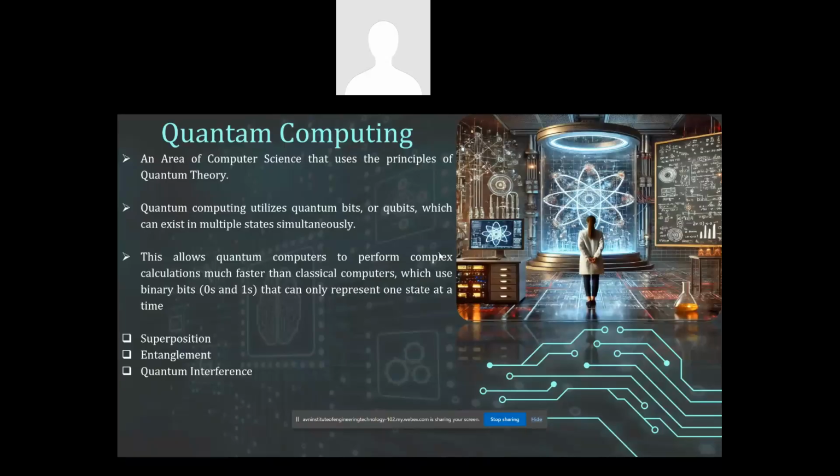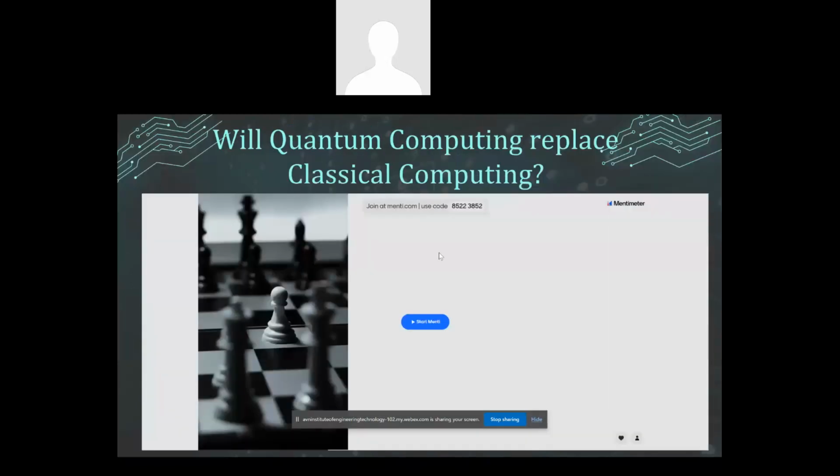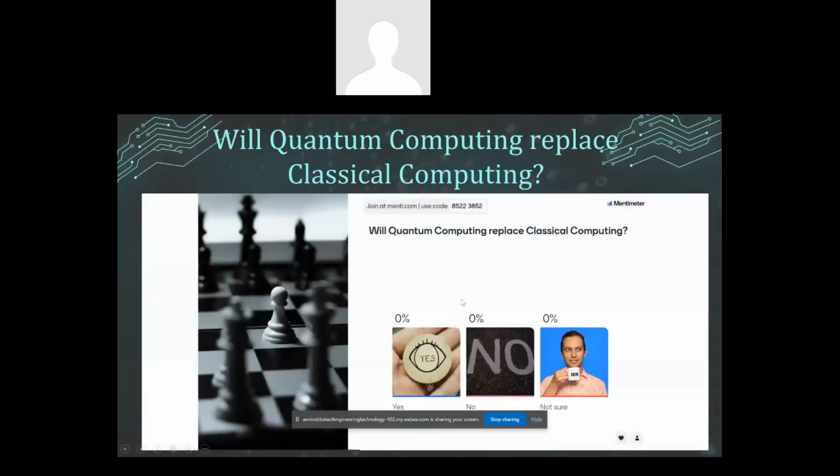It is much easier to compute all these complex data structures. That is a major advantage of quantum computing. We'll have a question: will quantum computing replace classical computing? Till now, I'm just giving an overview of machine learning, deep learning, and quantum computing, because it's already covered multiple times, right?